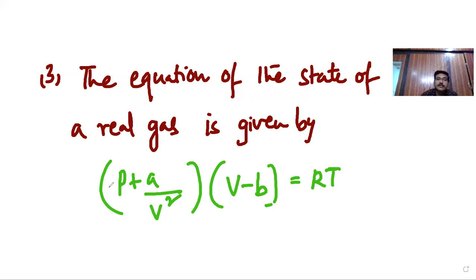Where P is the pressure, V is the volume, R is the universal gas constant, and T is the temperature.